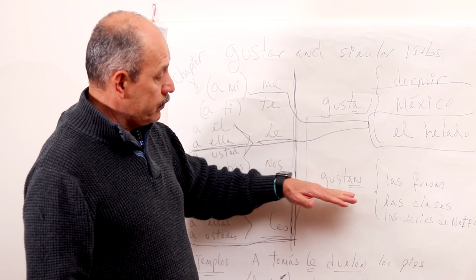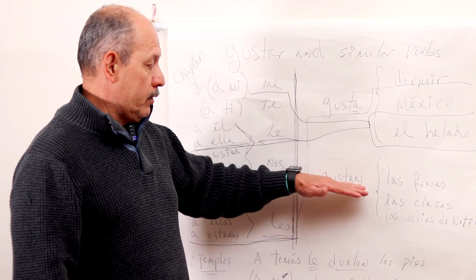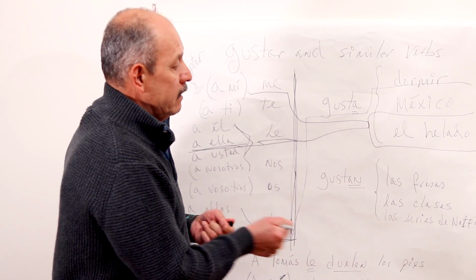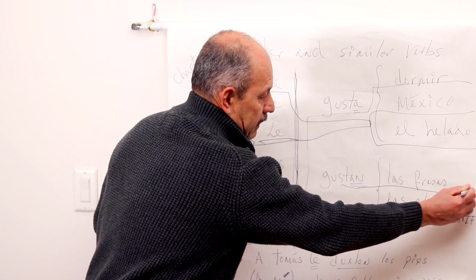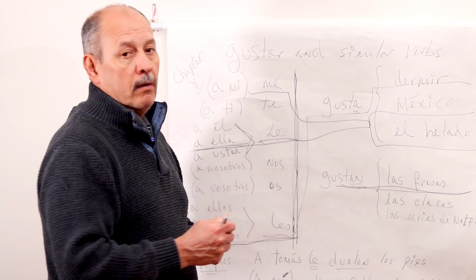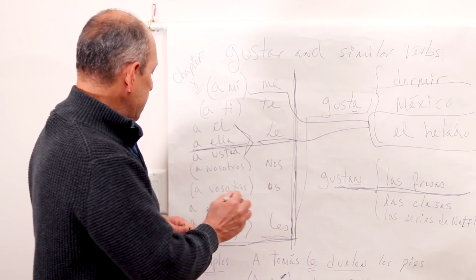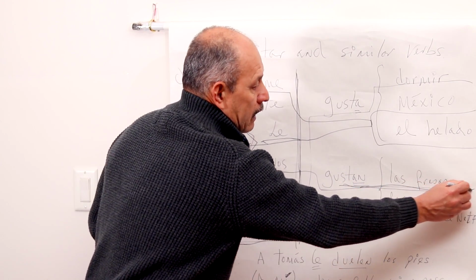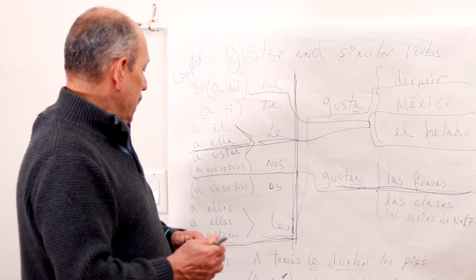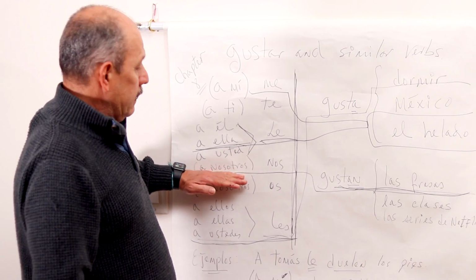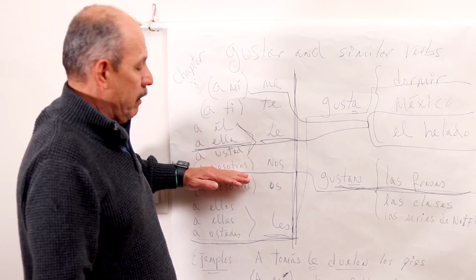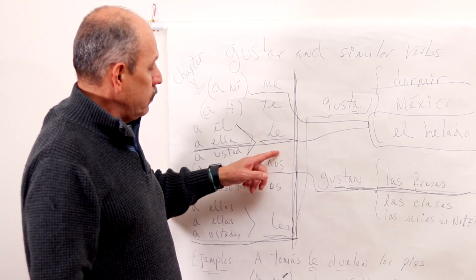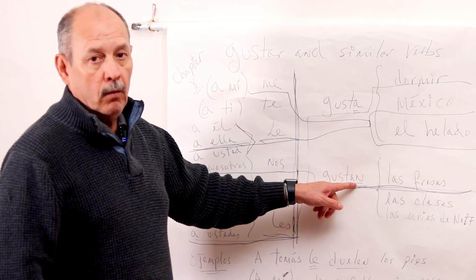Now, if you choose the plural conjugation, third person plural, that means that the thing that is acting as a subject will be plural. So, let's say a nosotros nos gustan las fresas, right? A nosotros, you don't need that, but if you want to keep it, you can be redundant. A nosotros nos gustan. Why gustan?